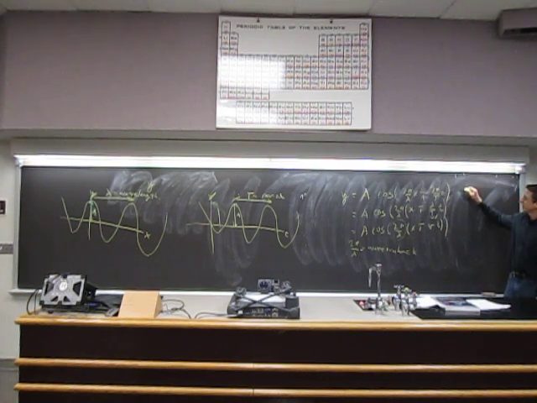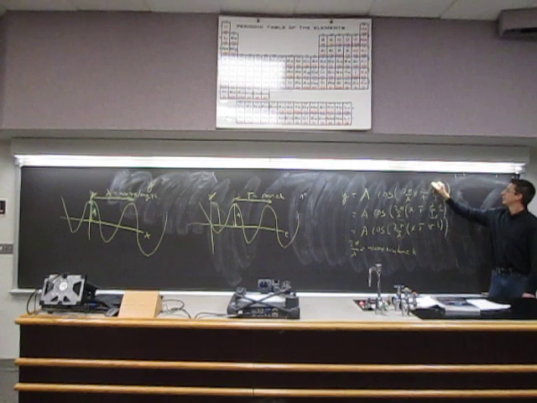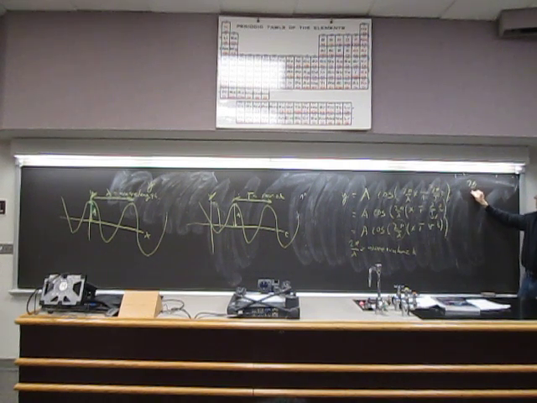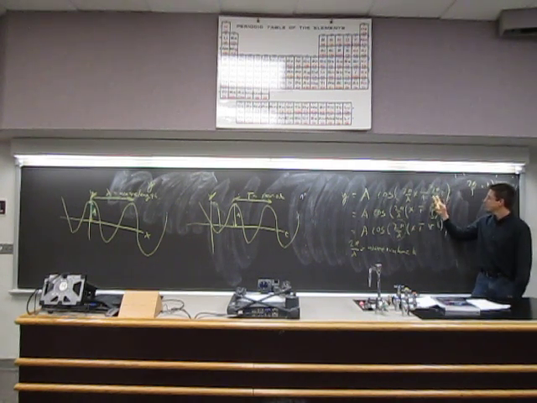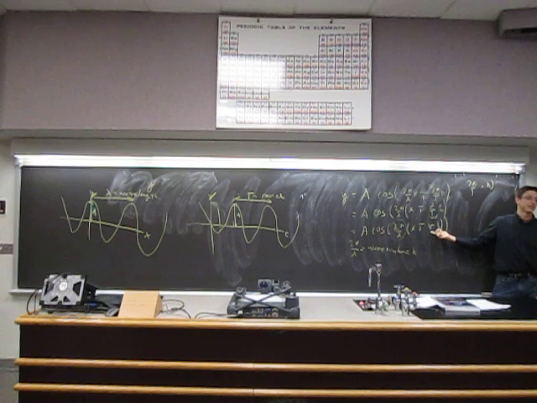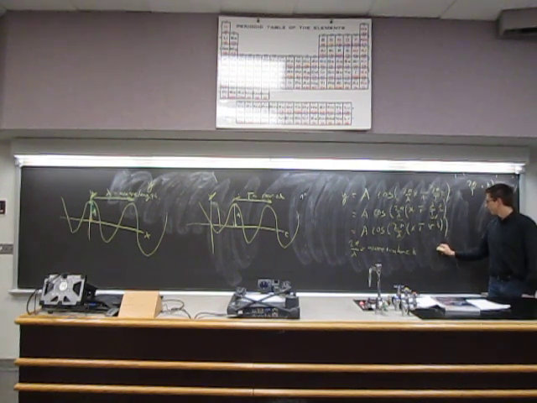Also, we know that this 2 pi over period is the angular velocity, omega, and we can see therefore that this is the same thing as this wave number times this v, right? So omega is k times v.